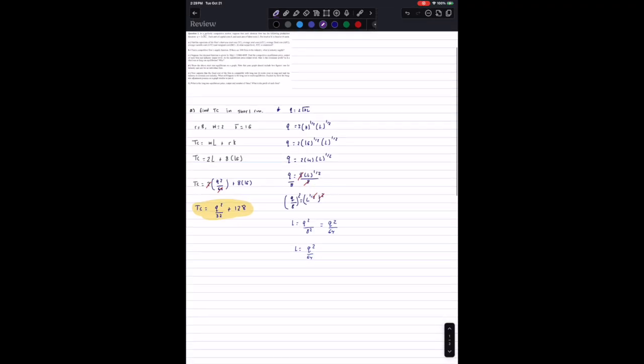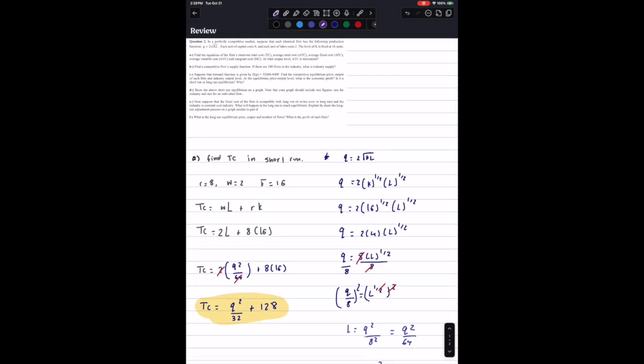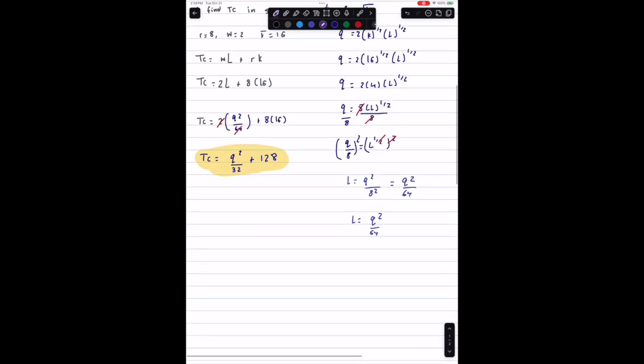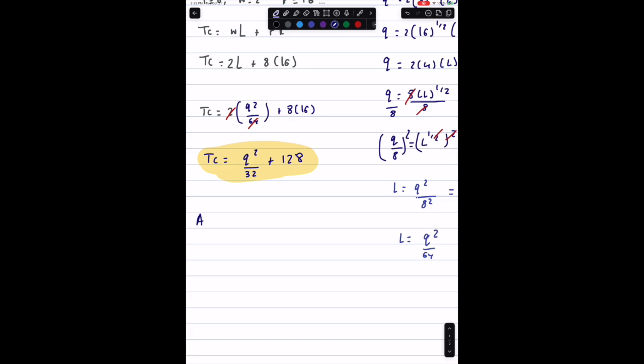So if we go back to part A, we found total cost. We can check that off. Now we need to find average total cost, right? Average total cost is just equal to the total cost divided by Q. It's the total cost divided by the number of units we produce.